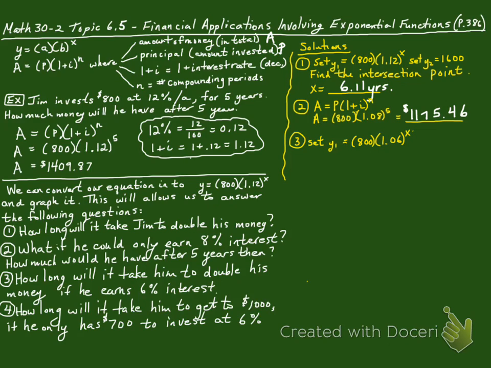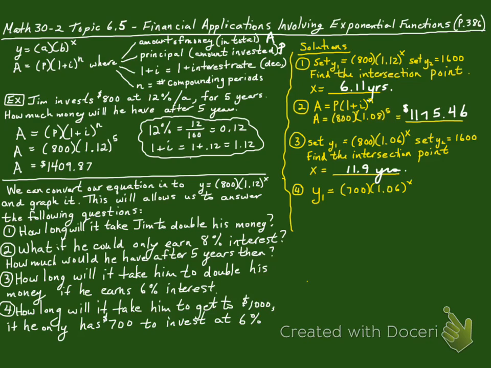Number 3, if we set y1 equal to 800 times 1.06 to the power of x, again we're going to put y2 equal to 1600 and see how long it's going to take to double our money. The intersection point is going to be x equals 11.9 years.